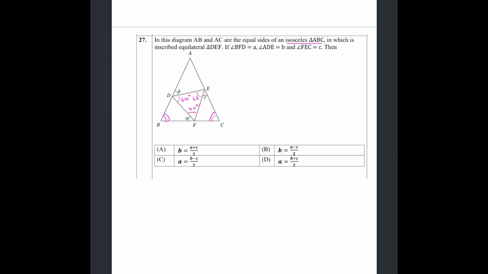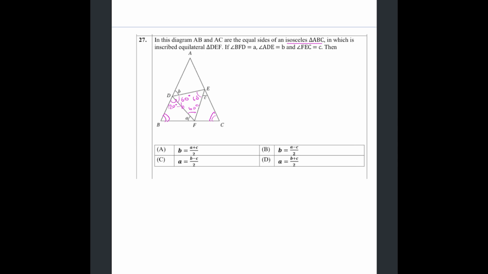Okay, so what can we say about this angle over here? Can we say that this angle is 180 minus 60 minus B, which is 120 degrees minus B?